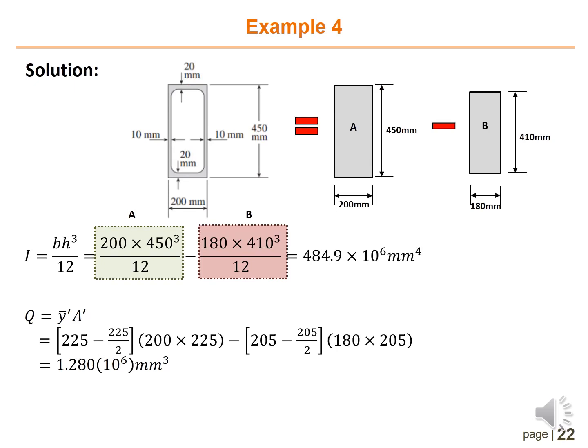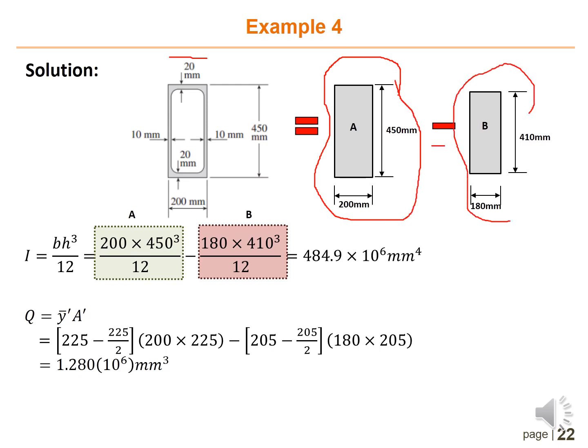When you have this hollow rectangular shape, it is equal to segment A minus segment B. Segment B is the inner size of this beam.